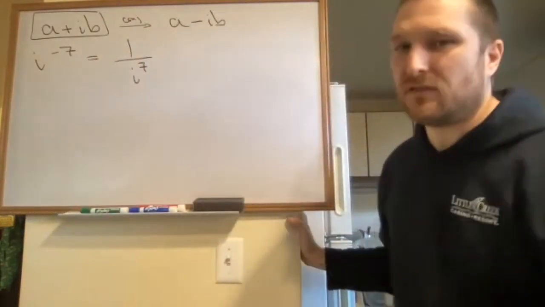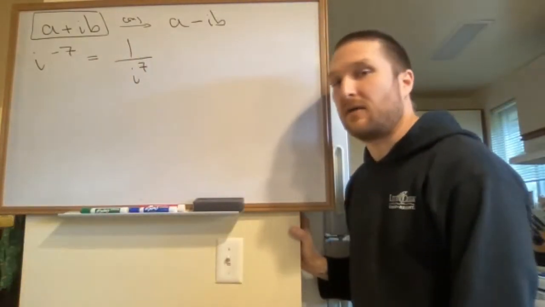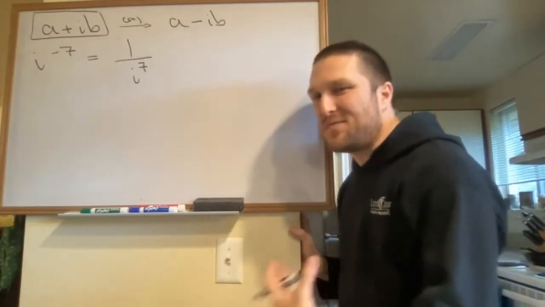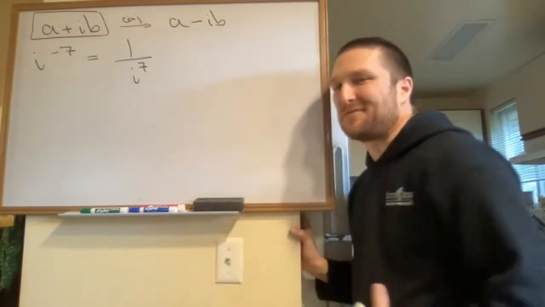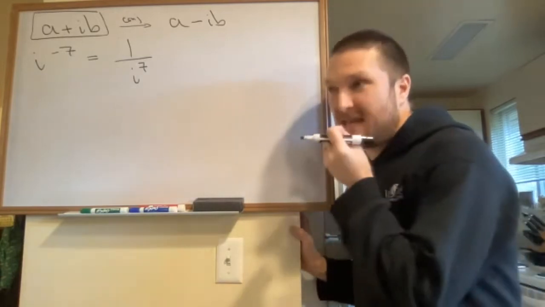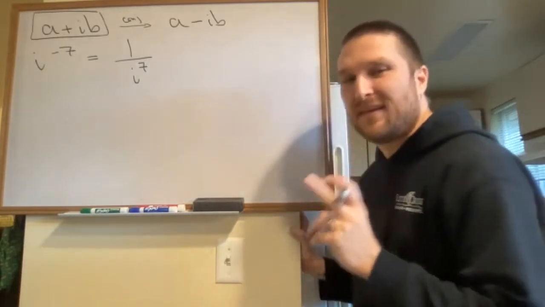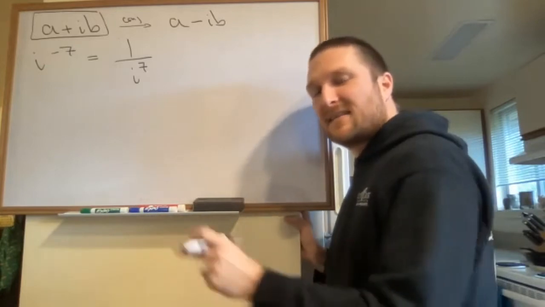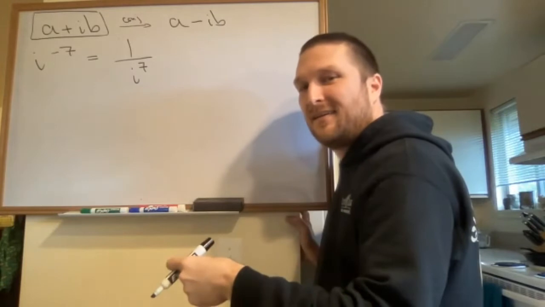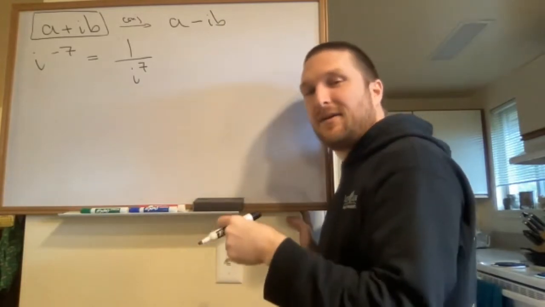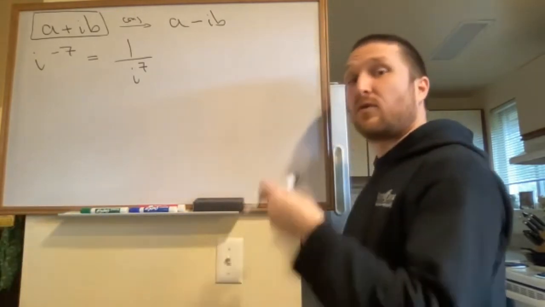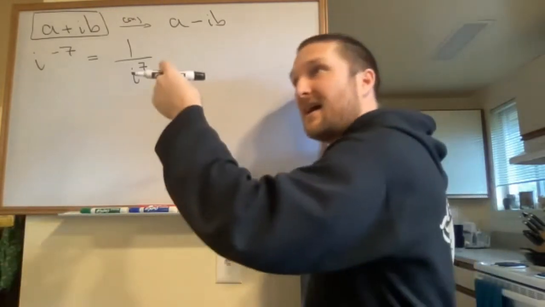Now at this point, you might go, oh, I need to multiply by a reciprocal. Yeah, if you wanted to make your life really hard, you could try to figure this out. Or you could say, hold up. There's that thing about i, right? Every time you get a fourth one, it goes back to 1. i squared is negative 1, i to the 3rd is negative i, i to the 4th is 1, which means i to the 5th is i.